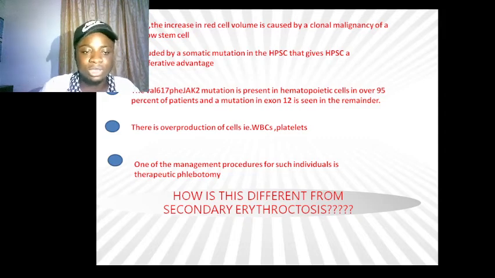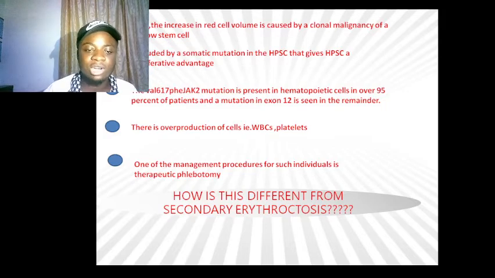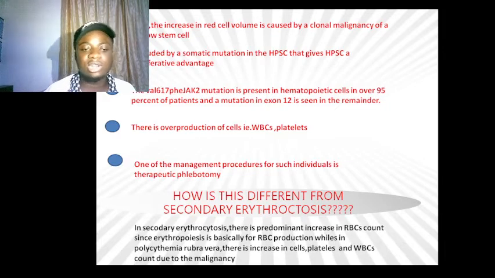Very, very important. So the question here is, how is polycythemia vera different from secondary erythrocytosis? Remember always that in secondary erythrocytosis there is a predominant increase in RBC count, since erythropoiesis is basically for RBC, because in secondary erythrocytosis the problem is associated with excess erythropoietin production.